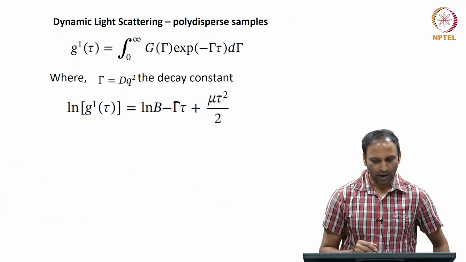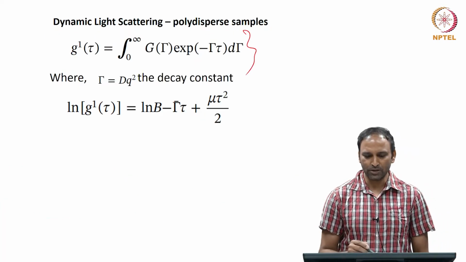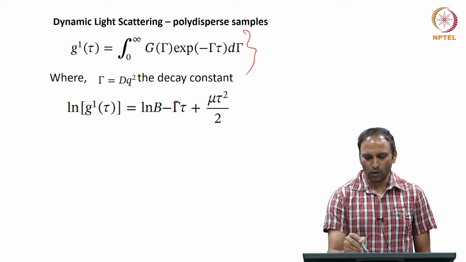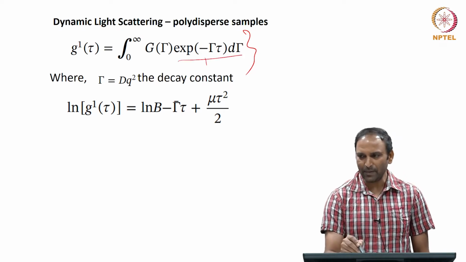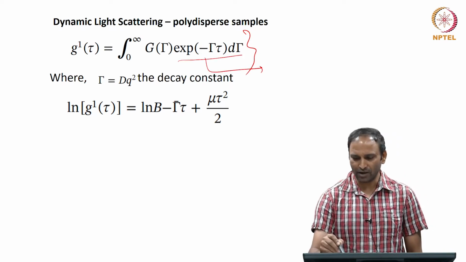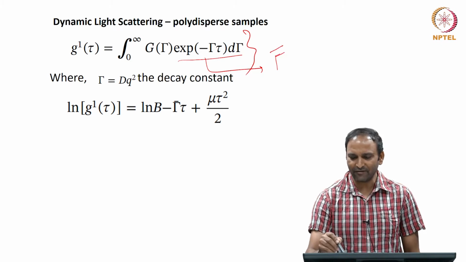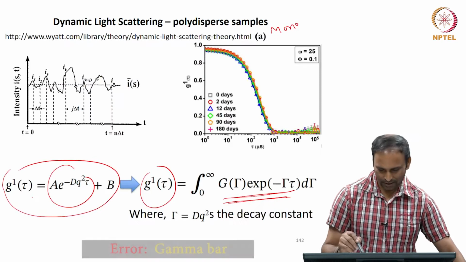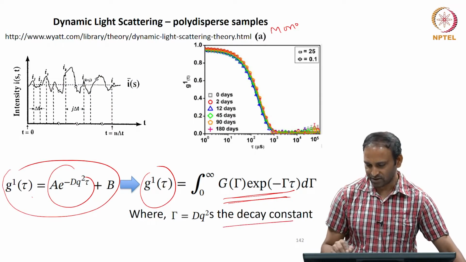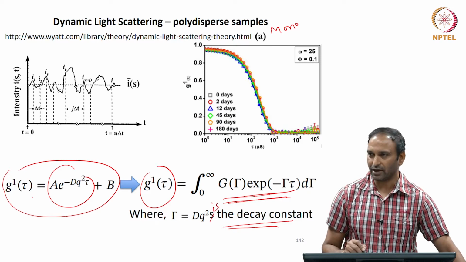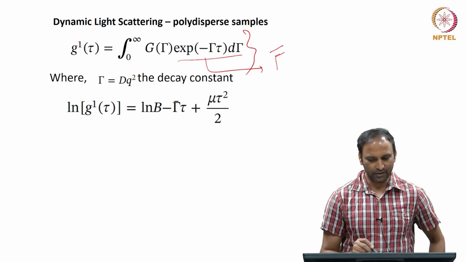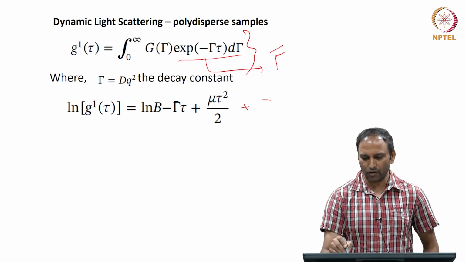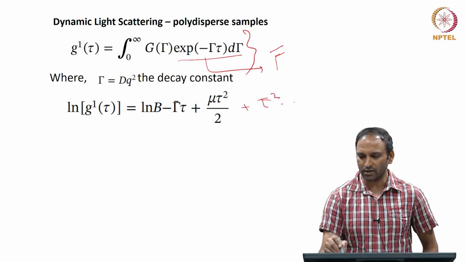And if you have something like that, then you can expand an exponential function around some average tau bar. This tau bar is what is called the decay constant. Then you leave out all the higher order terms.